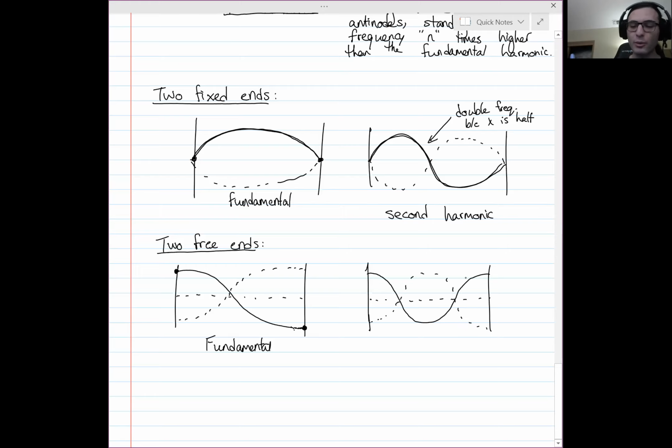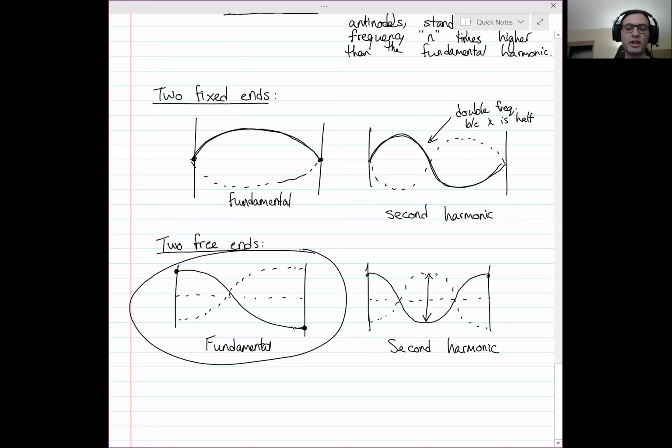And again, we have what you might think is 3 antinodes, but there's 1 regular antinode in the middle, and then there's these 2 boundary antinodes. So again, we just have 2 antinodes. So this is the second harmonic. And by the way, we can look at this again and think, how do the wavelengths differ?